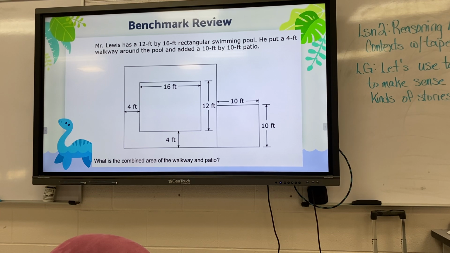What are they asking us to find? Uh-huh, okay. Walkway and patio, so.